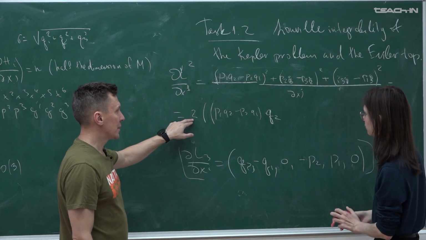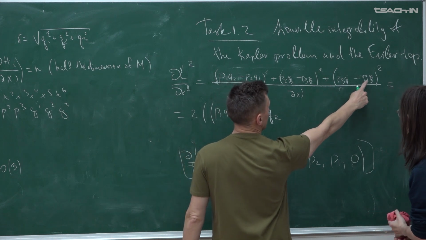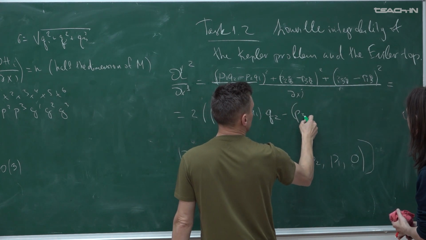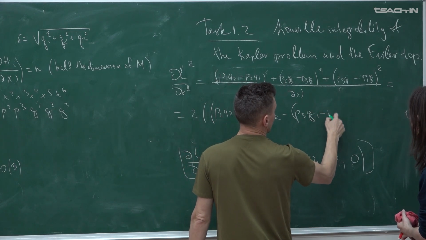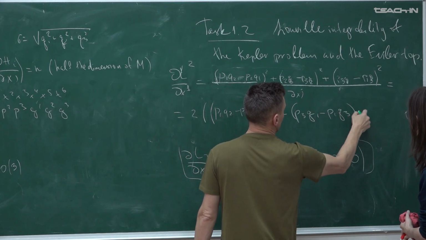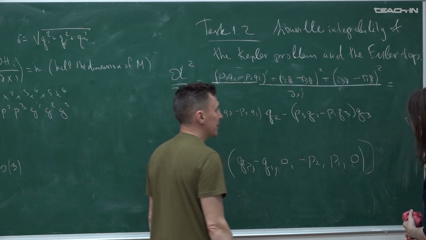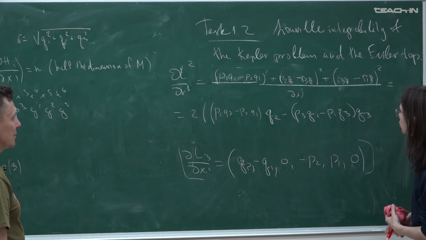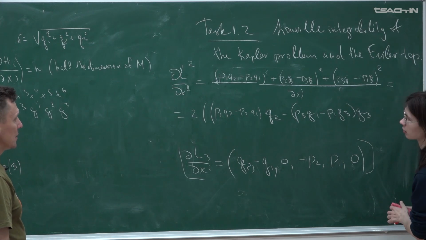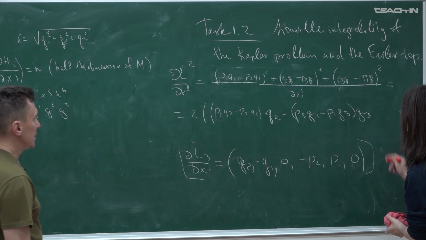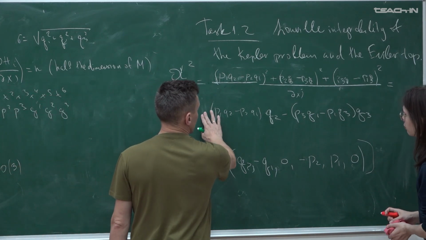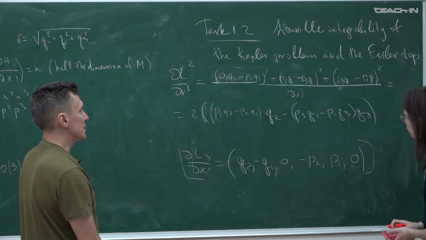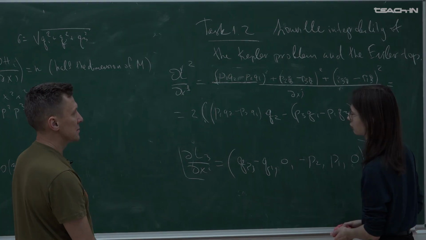And there is another term when we differentiate over P1, which is minus P3 Q1 minus P1 Q3 multiplied by Q3. Do you agree? Yes. Okay, let us see if there is something interesting.